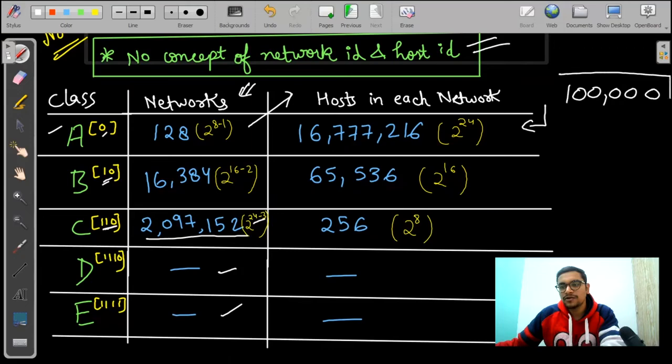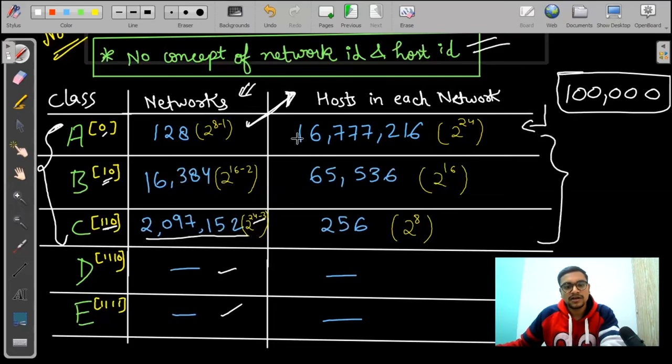Even then, I would be allocated a class A address, and the rest of the remaining addresses, approximately 16,677,000, will be wasted. This kind of huge wastage will be there for class A, B and C addresses, since only these three are used at the organization level and for assigning IP addresses to general people. So there is a lot of wastage of IP addresses.